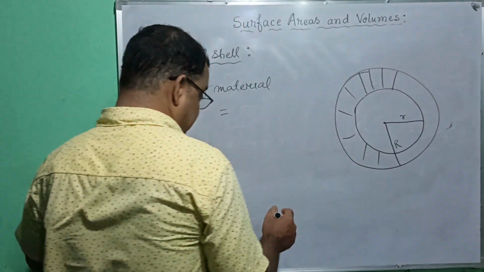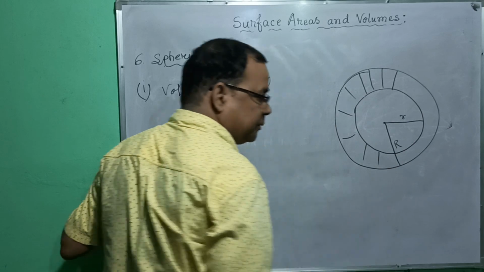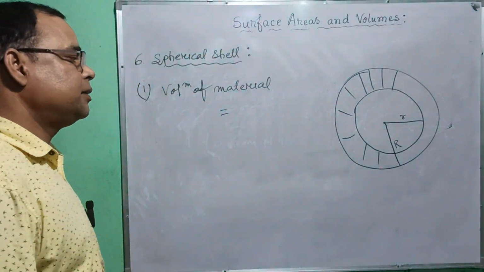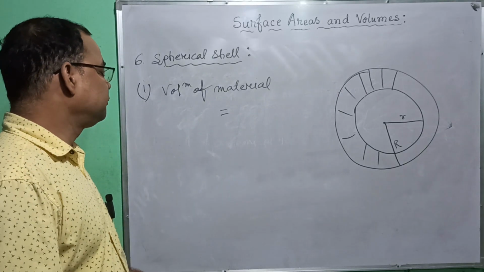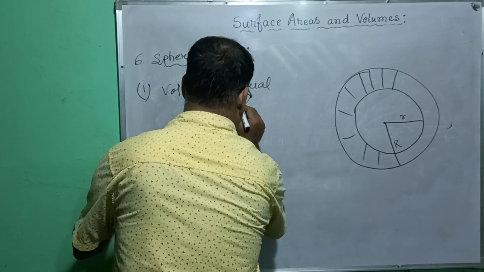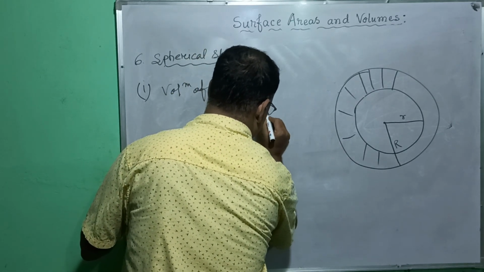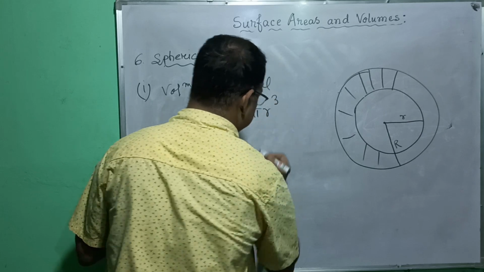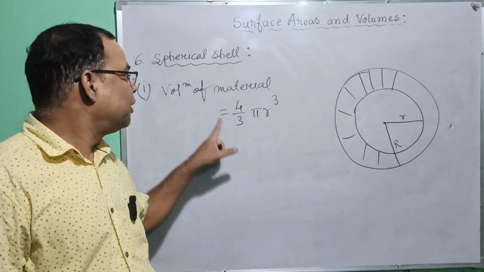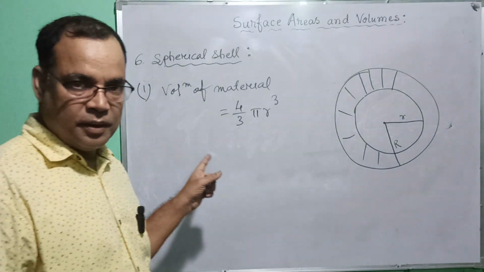First we have to write the volume of the outer sphere. In the case of a sphere, the volume is 4 by 3 pi r cube. Actually, I forgot to write the volume of a sphere, so you can write it later on.